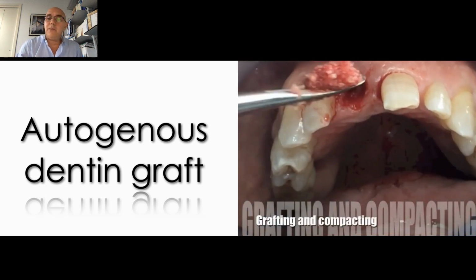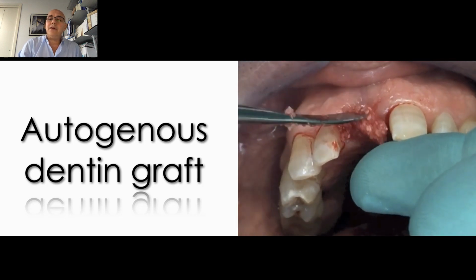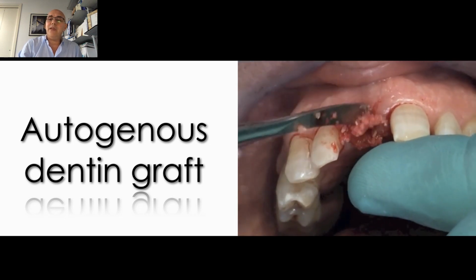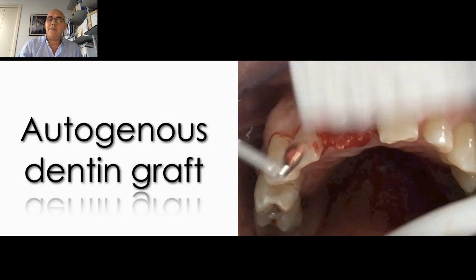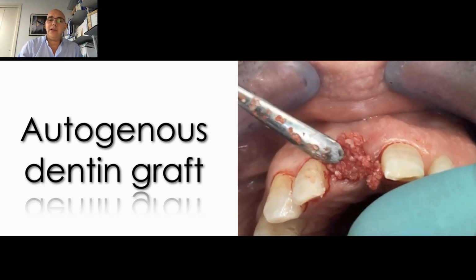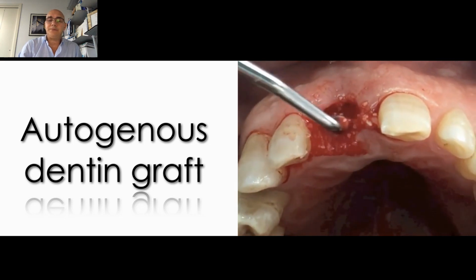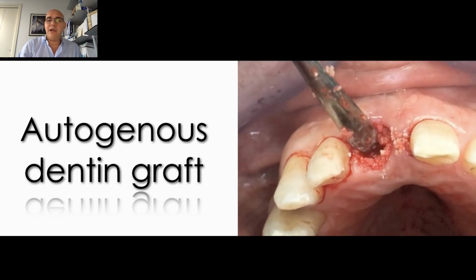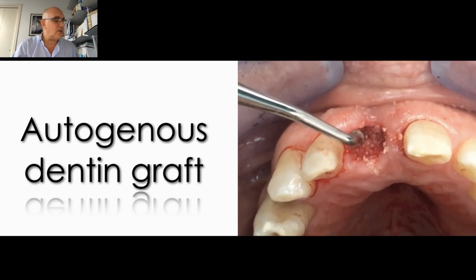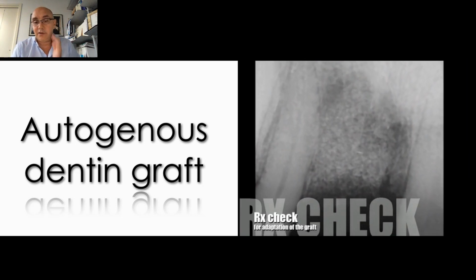You can see that you place your bone graft in the area with your periosteal elevator in this case, and then you push it. Remember the 3 kilograms of force. We use sterile gauze to help us just push the bone graft in place, and that's it. You pack it very, very well, and this is the best autograft that you can do because you put the dentin back where it belongs.